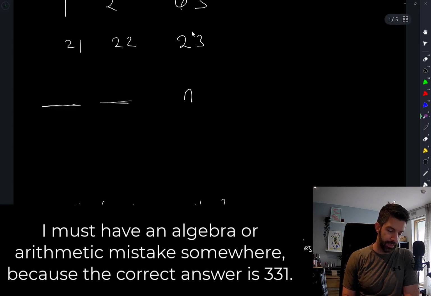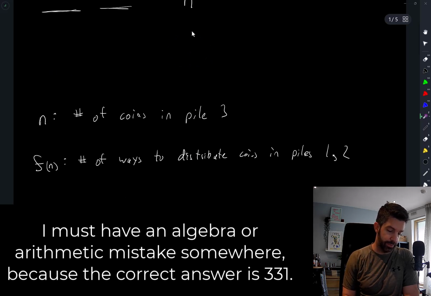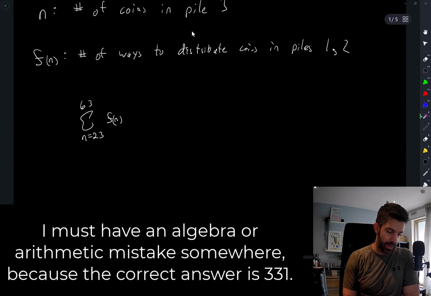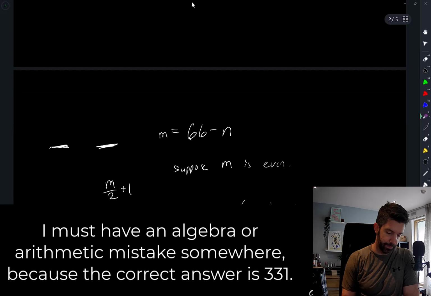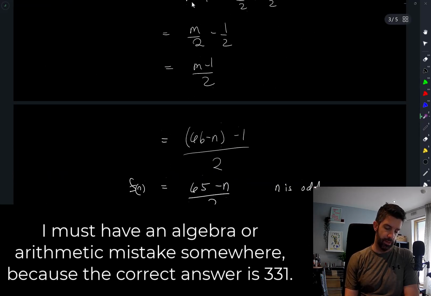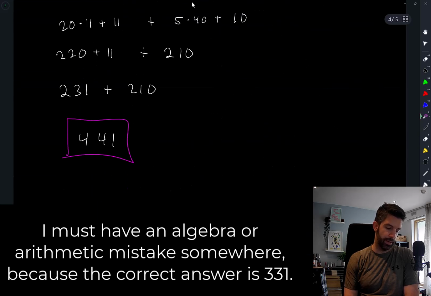So we're basically conditioning on how many coins are in the third pile and figuring out how many ways we can then distribute between the remaining piles, and then adding up over the number of coins that are allowed to be in that third pile. So I think as long as I didn't make any counting or arithmetic mistakes in each of these individual steps, that would be the main source of an error here.